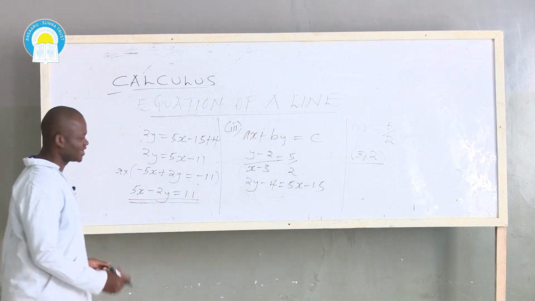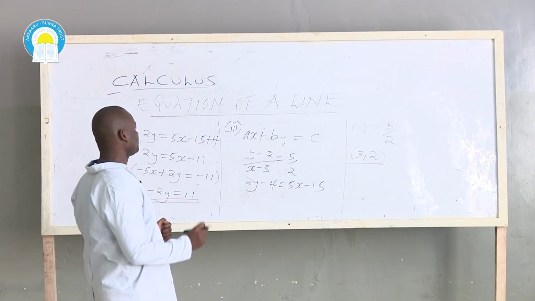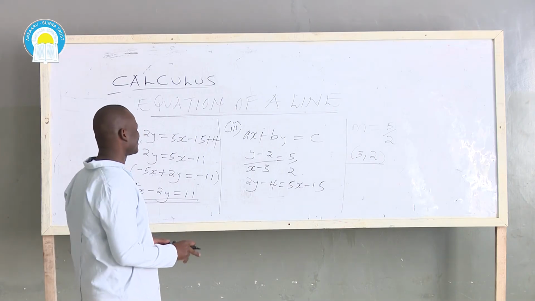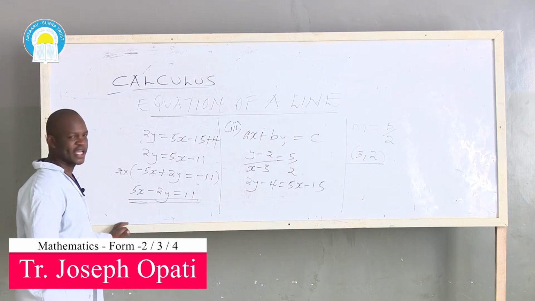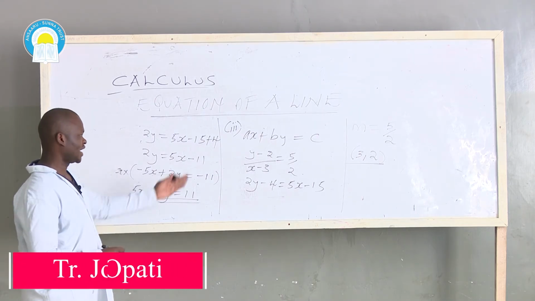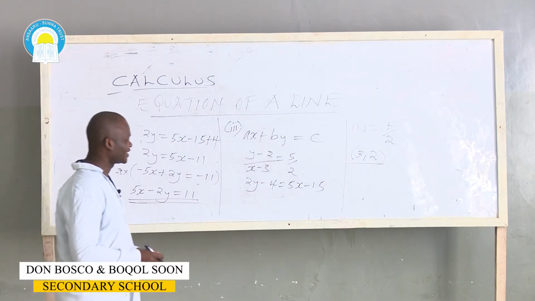So we have discussed three forms so far. Number 1, the general form of y is equal to mx plus c. Number 2, ax plus by plus c is 0. And number 3, ax plus by is equal to c.